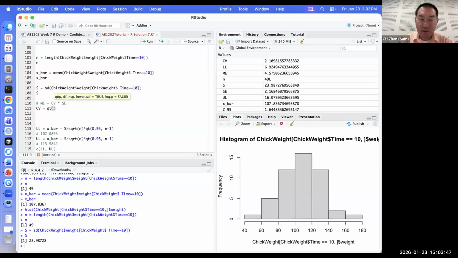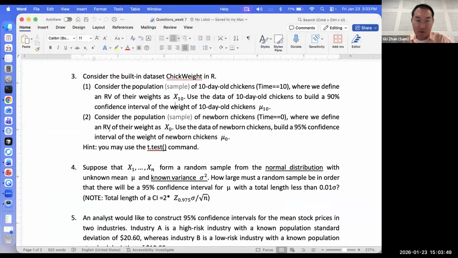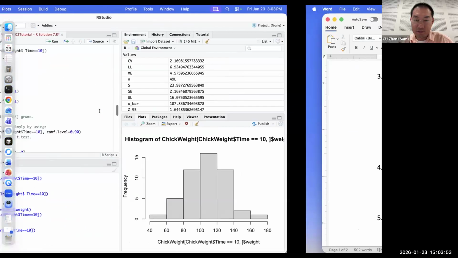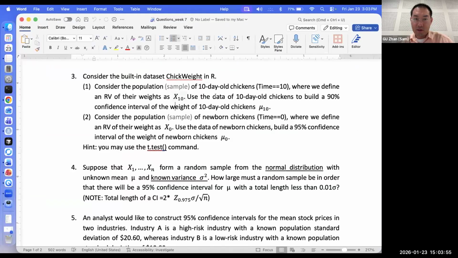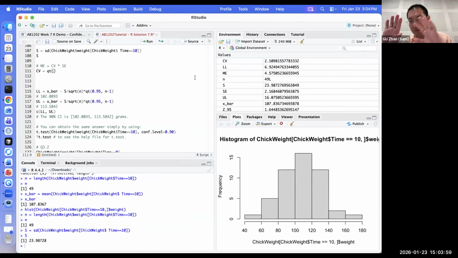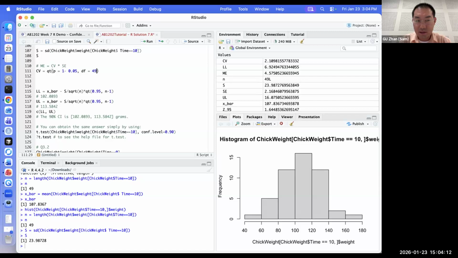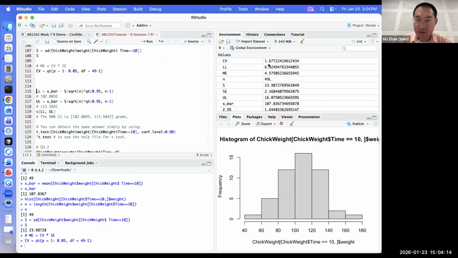Then what is the confidence we want to achieve? We are at question 3.1. We want to achieve 90% confidence. That means 5% on each side. So probability is 1 minus 5% at each side. Then degrees of freedom is 49 minus 1. Look at the CV, CV is 1.67.